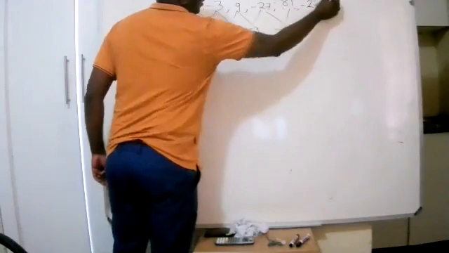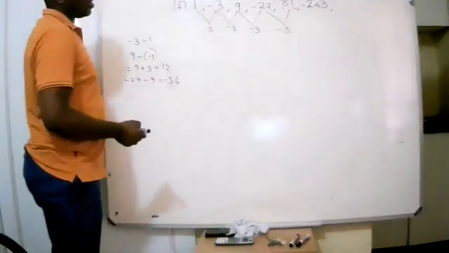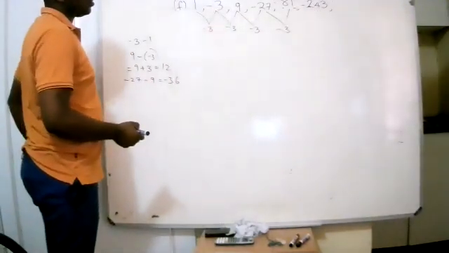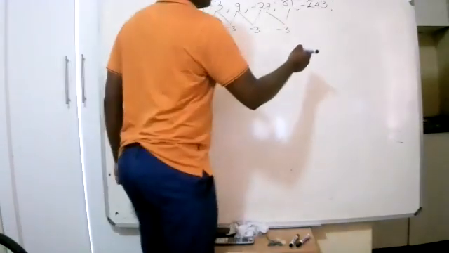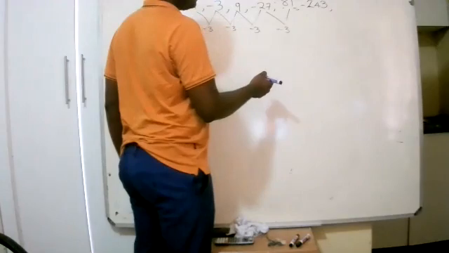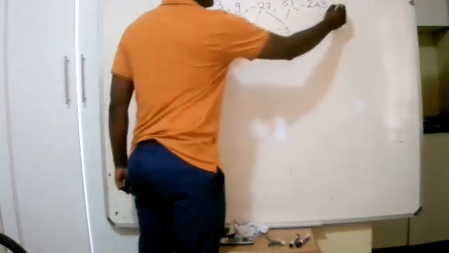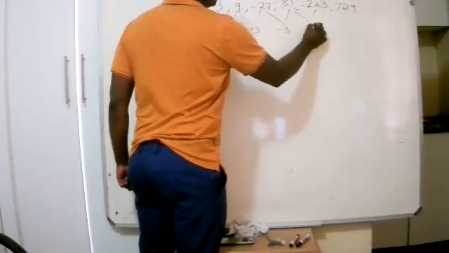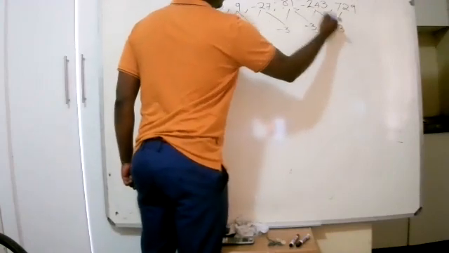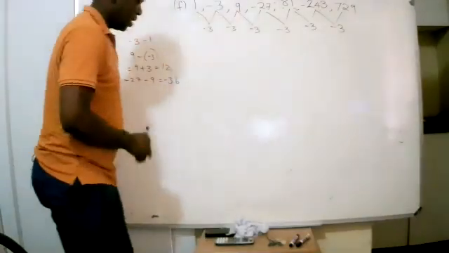And then the next term after -243? 729. So that is how we're supposed to get the next terms of this pattern.